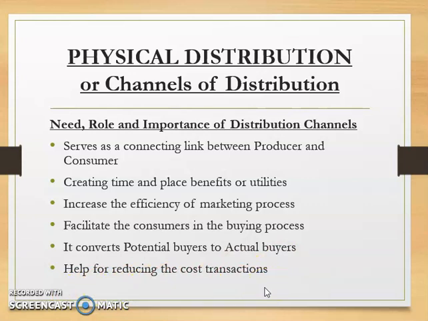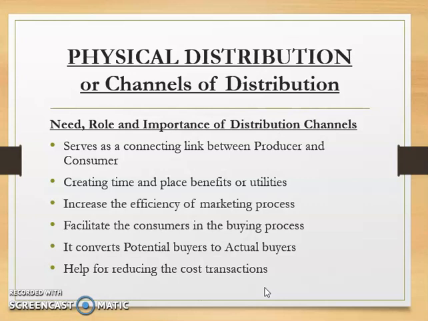So when you are able to purchase any product, it is connecting the producer and the consumer. You're not going directly to a manufacturer and purchasing anything. You go to any of the wholesalers or retailers to purchase anything, right? It is benefiting the consumer to reach at the right time. It is also increasing the efficiencies, because you are promoting a product with the help of the marketing process by fixing the price, product availability, and doing advertisements with different media.